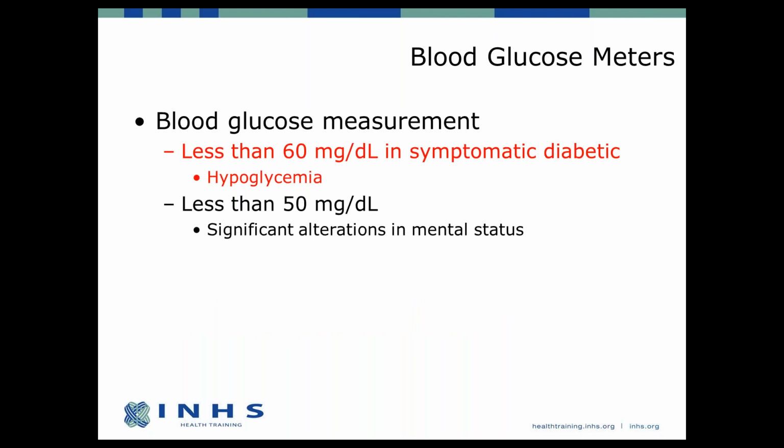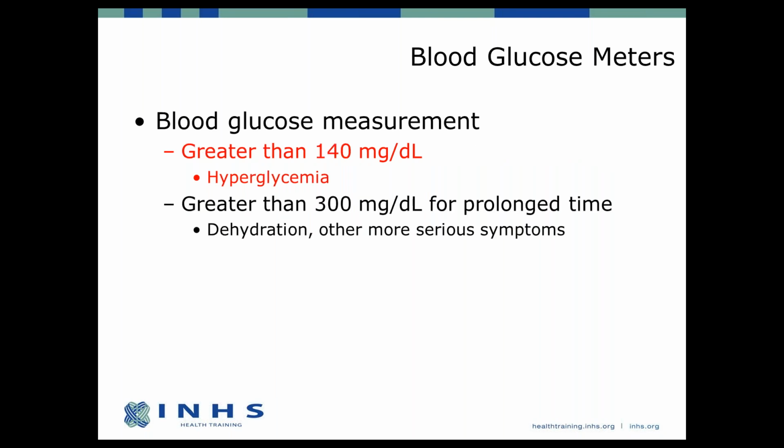Glucose meters, we kind of talked about this already, but anything less than 60, and the key word here is symptomatic. I'm sure we've all met diabetics who hang at like 58, and they're just good. That's okay. Now, on the other side, anything over 140 is considered hyperglycemic.